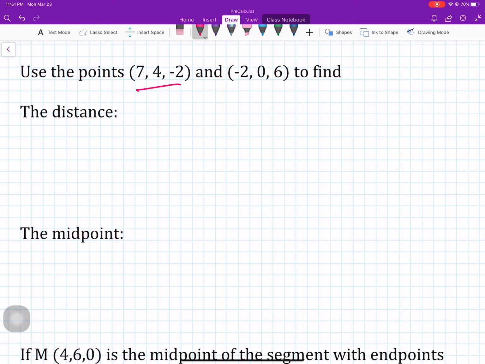Use these 2 points to find the distance. So first, again, I don't like the formula. How far apart are your x's? Your x's are starting at 7 and going to -2. So you're going down 9. Or they're 9 apart.